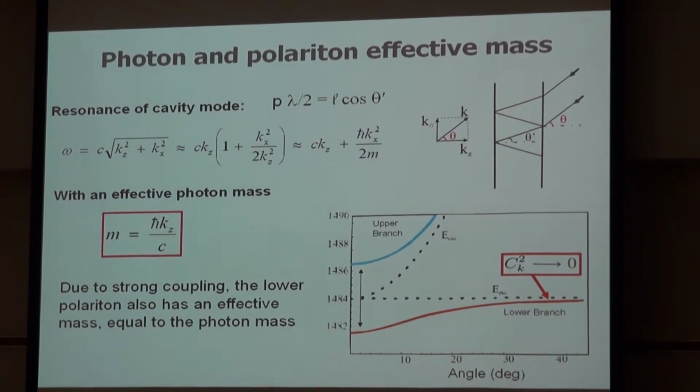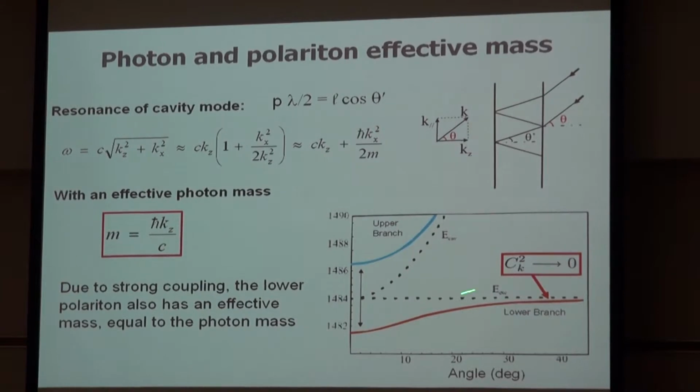And as I told you before, the point is that the lower branch here, which actually comes from the exciton, but when we have excitation at resonance here, both branches are half photons, half excitons. Here it's half photon, half exciton.